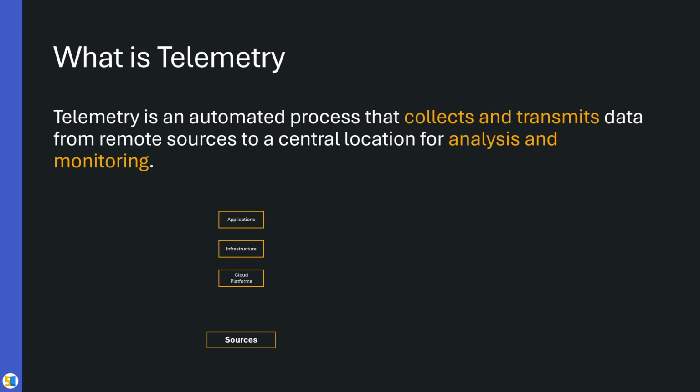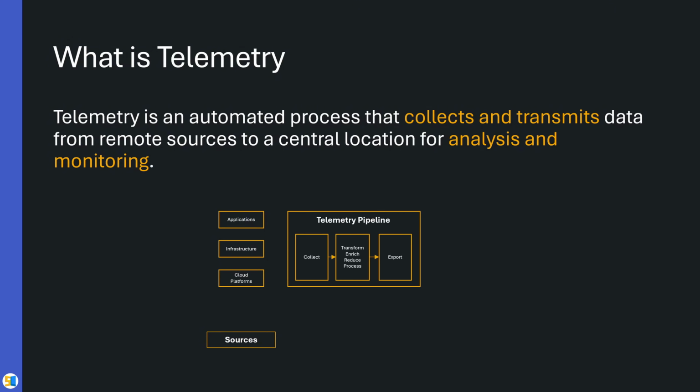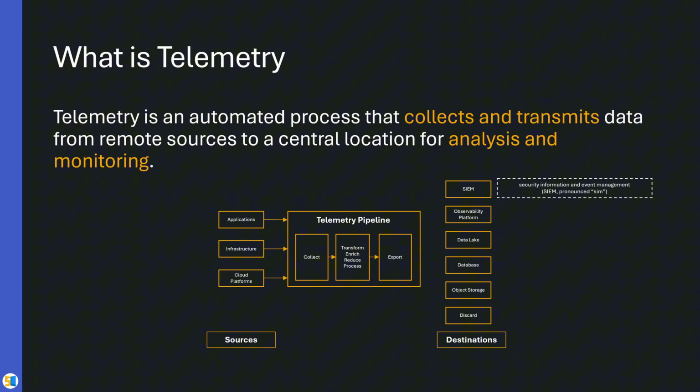So for illustration, we can have sources. It can be our applications, our infrastructures, or cloud platforms, and then there will be a telemetry pipeline, and we can send these telemetry data to the pipeline. Inside the pipeline, it will collect and do some processing and then finally export the telemetry data to destinations, or usually we call them backends.